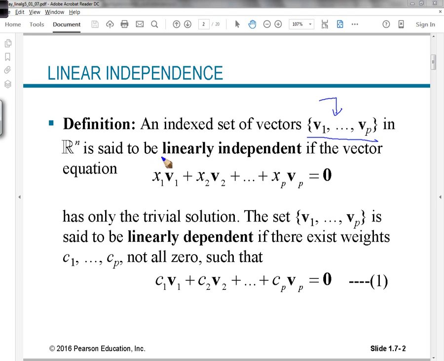In that case, these vectors are linearly independent if this vector equation that we have already seen many times has only the trivial solution.